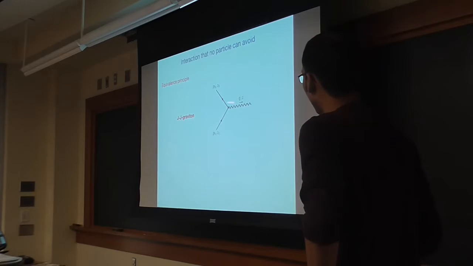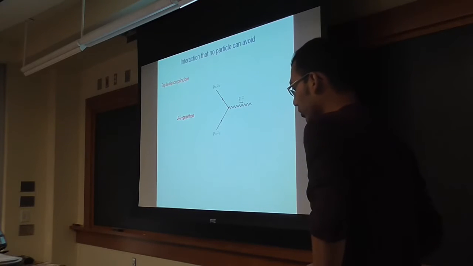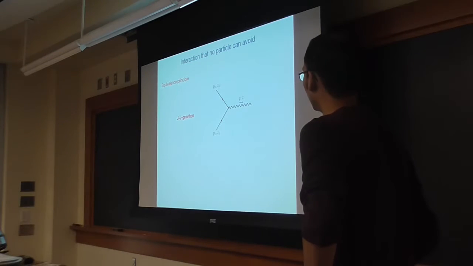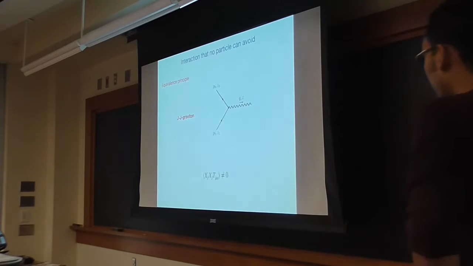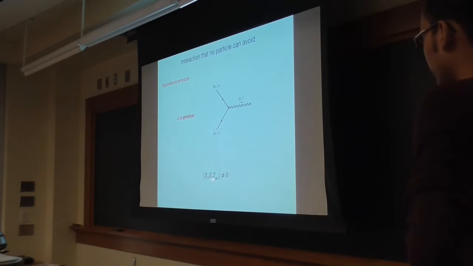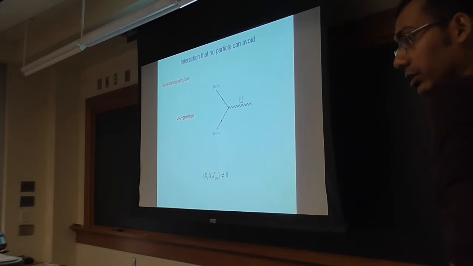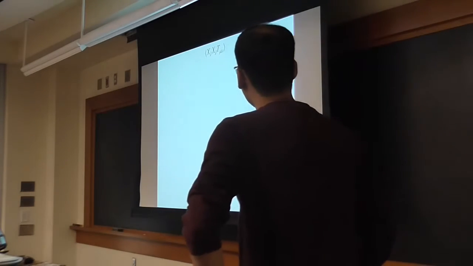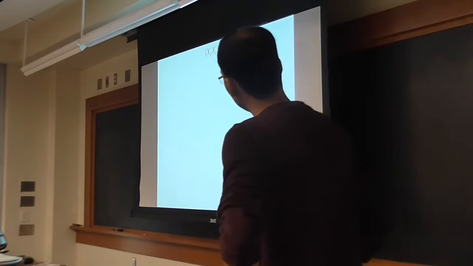So if you have a high spin particle, this interaction should be non-zero. In the CFT language, that means this 3-point function, X_j T mu nu, cannot be 0. Now let's focus on this particular 3-point function.